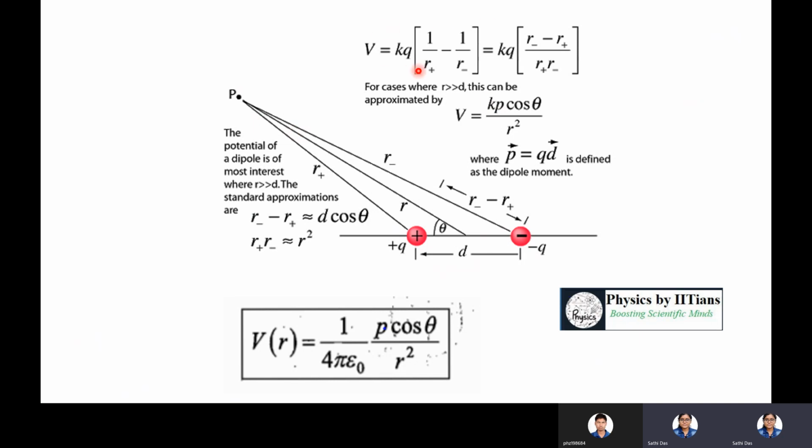You write V for the individual charges plus q and minus q as V equals kq(1/r plus minus 1/r minus), where k is 1 by 4 pi epsilon naught. Simple Coulomb's law will give you the potential for a dipole configuration at a far point, that is V equals k p cos theta by r square, where p is the dipole moment, that is q into d. And you should remember this formula, V of r is 1 by 4 pi epsilon naught p cos theta divided by r square.